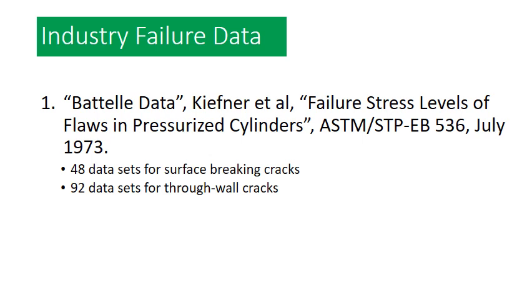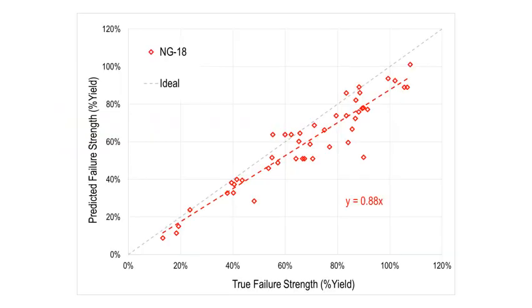If I take a look at the log-secant model for surface cracks and I compare it to the 48 data sets that were prepared by Kiefner et al. for the Battelle data, I find that I'm going to get a very good correlation, except that it's conservative. It's about 12% overly conservative. And if you've seen video 3, I demonstrate why that is. It's because we're mathematically wonky.